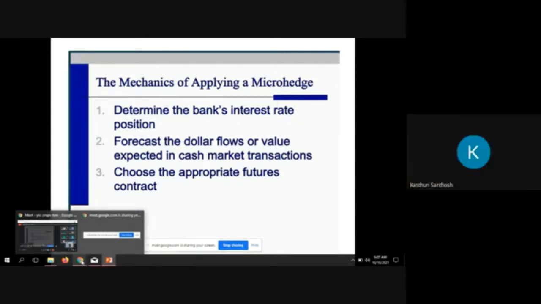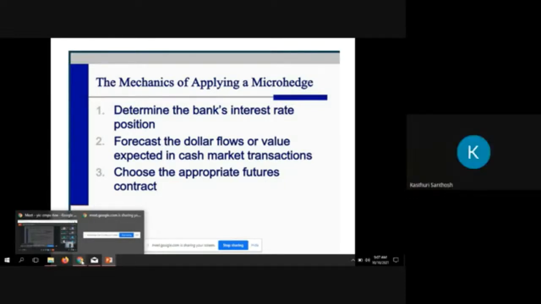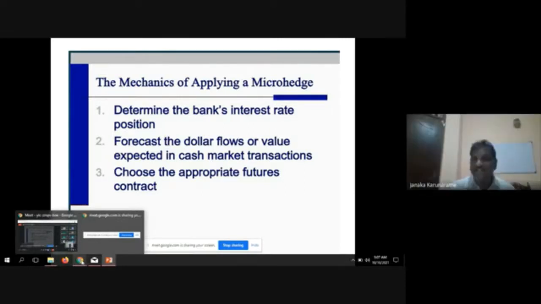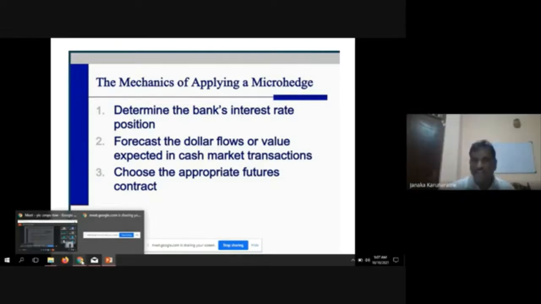That will also rise? Interest rate rises, price, what happened? Price will drop. When the interest rate rises, whether it's cash market or futures market, price drops, no?